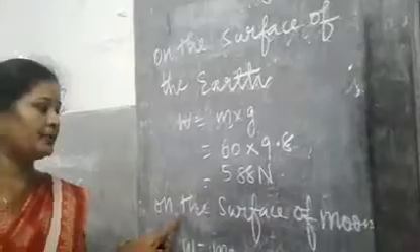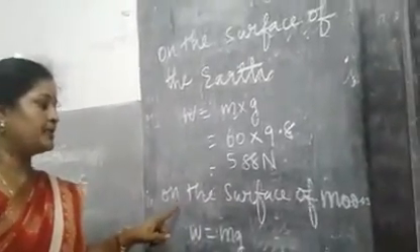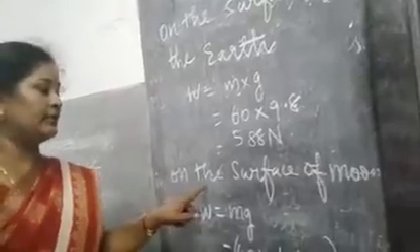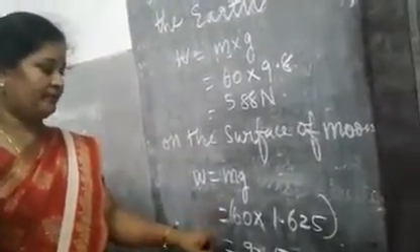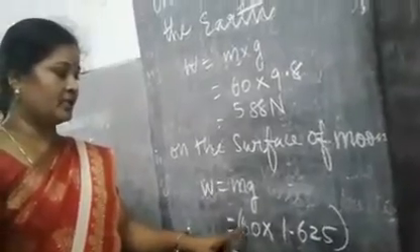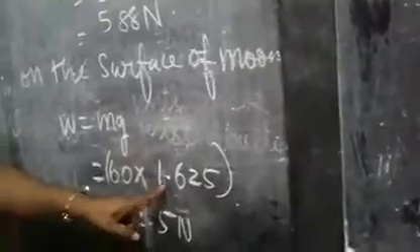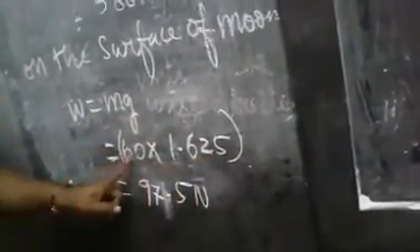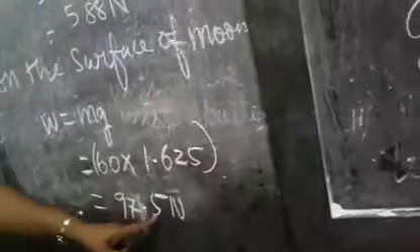Next, the person stands on the moon. The mass of the person is the same, 60, but the weight changes. The acceleration due to gravity changes to 1.625. We multiply the two values and get 97.5 Newton.